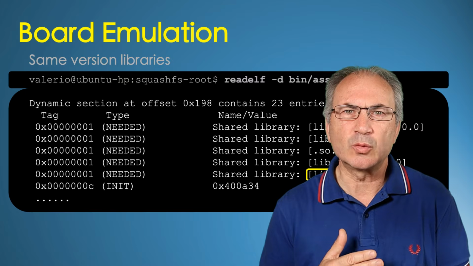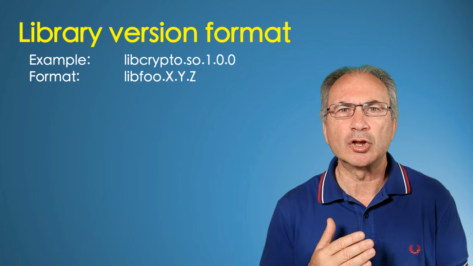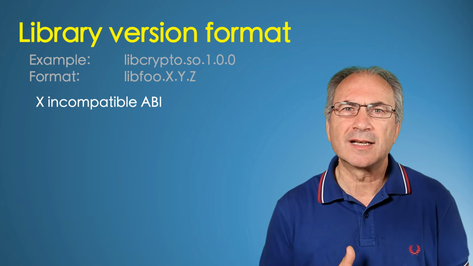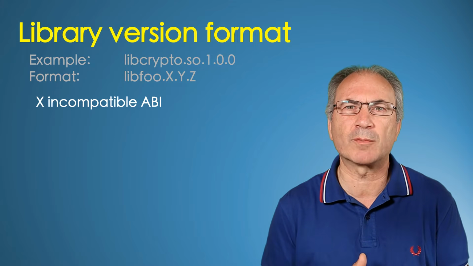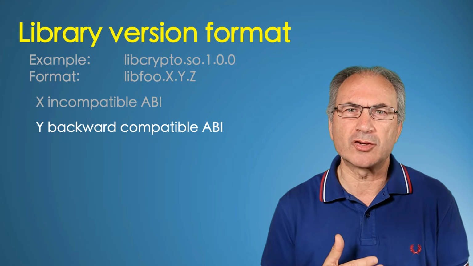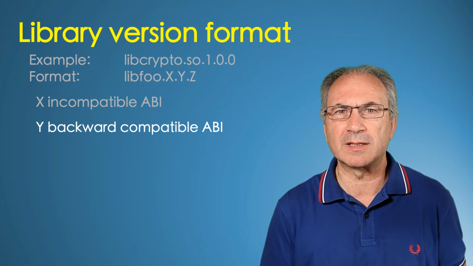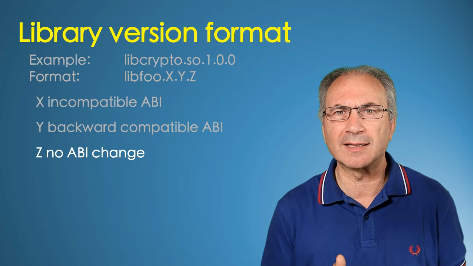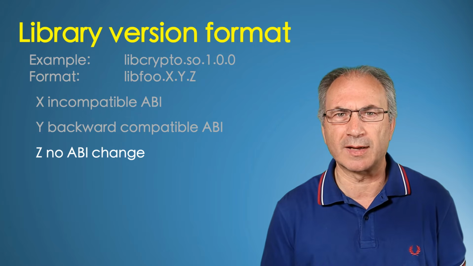It is important to understand that library files have the format libfoo.x.y.z, where x changes when the new version has an incompatible application binary interface with the previous version, y changes when new features are added, keeping backward compatibility, and z changes mainly for bug fixes and code improvement, but doesn't change the application binary interface.